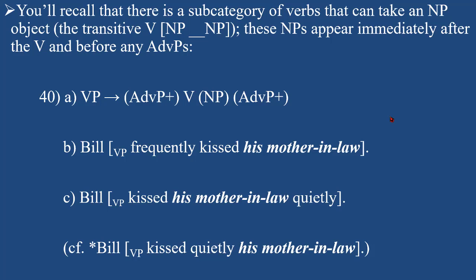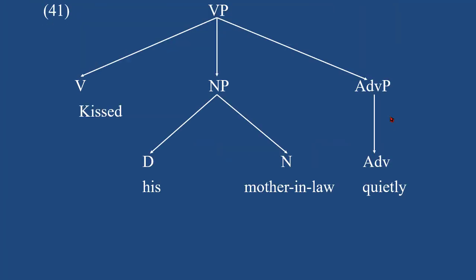But in the last sentence, as you can see, we have the NP after the verb and before the adverb, so that's why it is grammatical. Just remember, the NP should be after the verb and before the adverb.